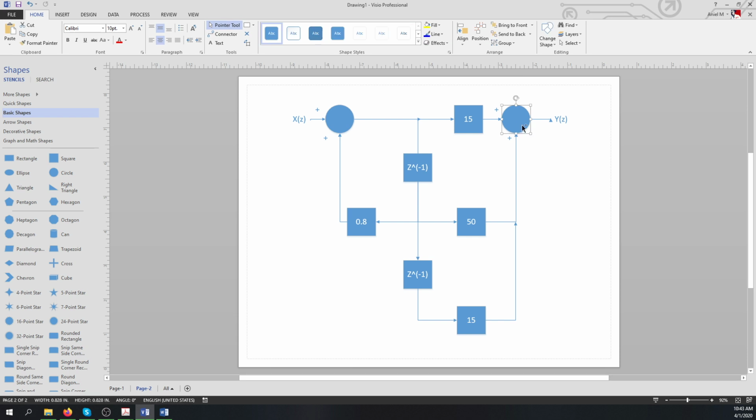So I'm just going to replicate one of these summation points. Put you there. Copy you. Put you there. Nice.